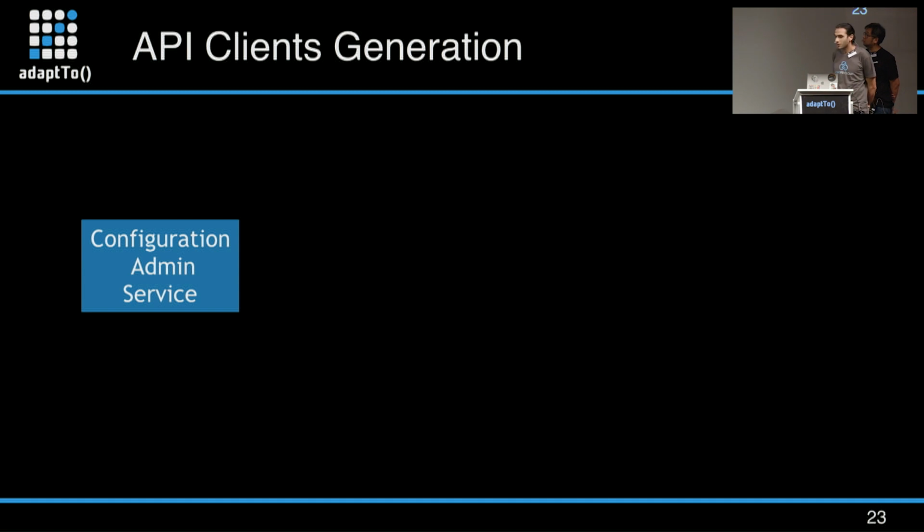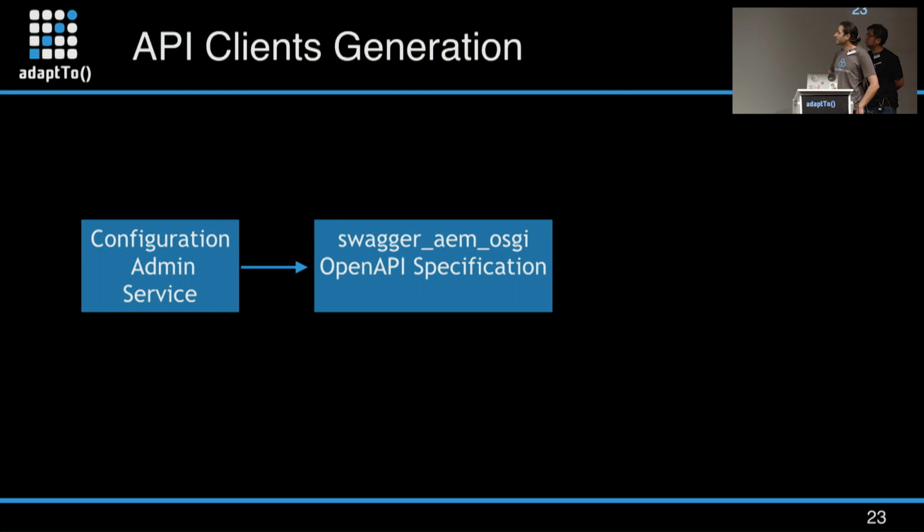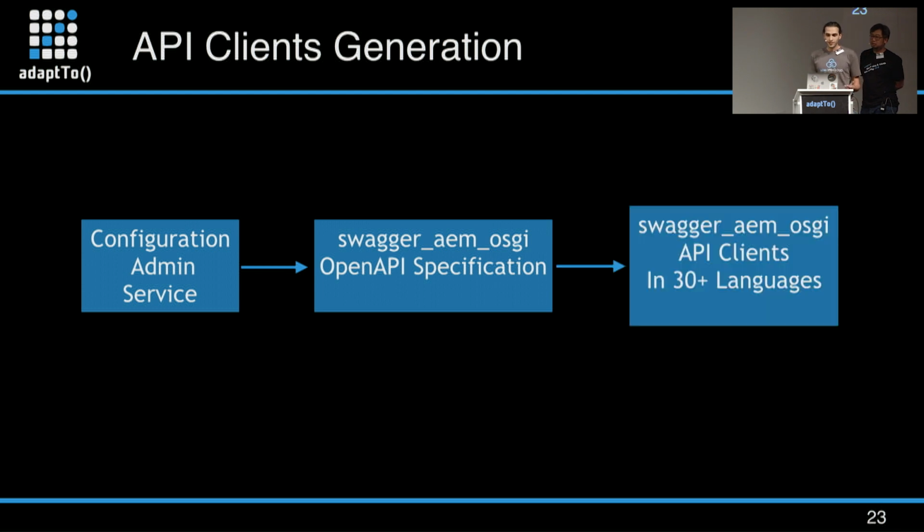We have a tool called OpenAPI Spec Generator, which connects to the configuration admin service and scrapes all the configuration nodes which exist on the configuration admin service and generates the OpenAPI specification out of it. Then we are using the OpenAPI generator to create the Swagger AEM OSGI client in more than 30 coding languages.